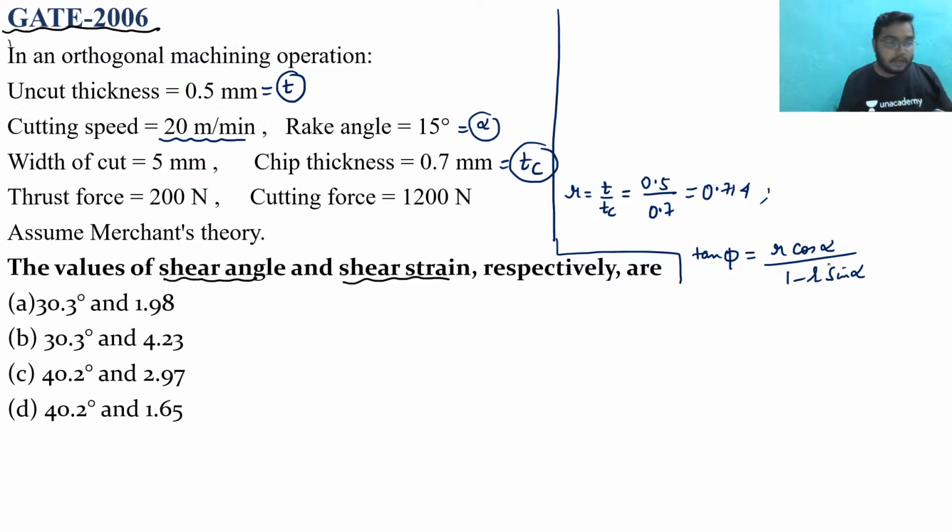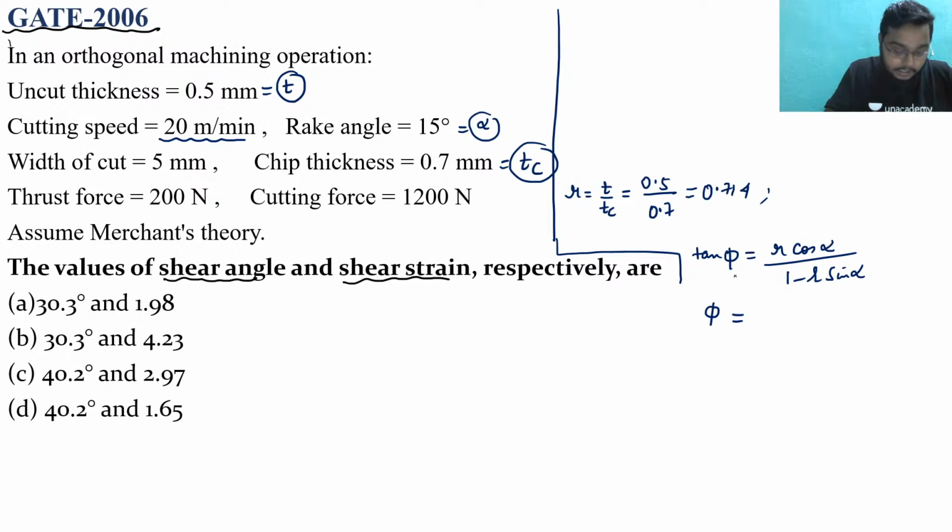Okay, so I have got some answers as option D. Why should it be option D? You are getting option D? Please check your answers. See, tan phi is equal to R cos alpha by 1 minus R sin alpha. So from here you will calculate phi, right?